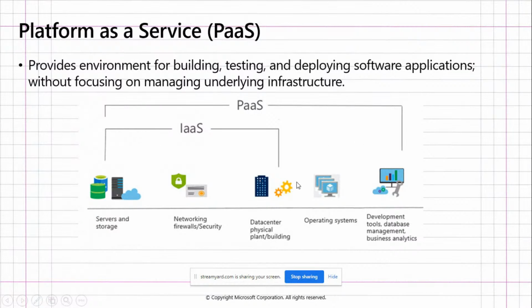And when it comes as a whole, we have the operating system as well to be provided as a service, and we also have development tools, database, everything to be provided as a service. Then that is called platform as a service.